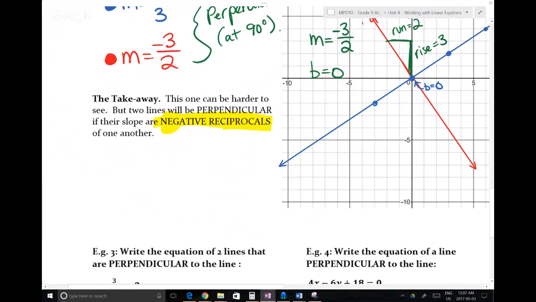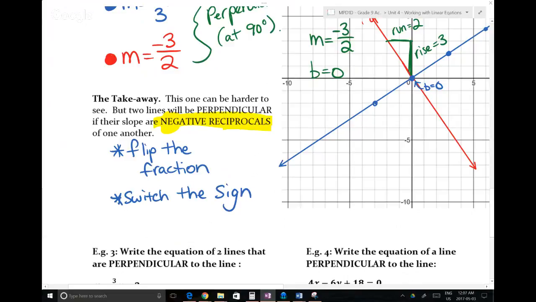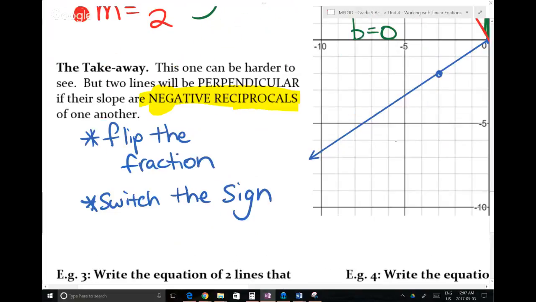And that means we have to do two things. Flip the fraction, and switch the sign. So if the first slope was positive, the second one will be negative. If the first slope was negative, the second one will be positive.